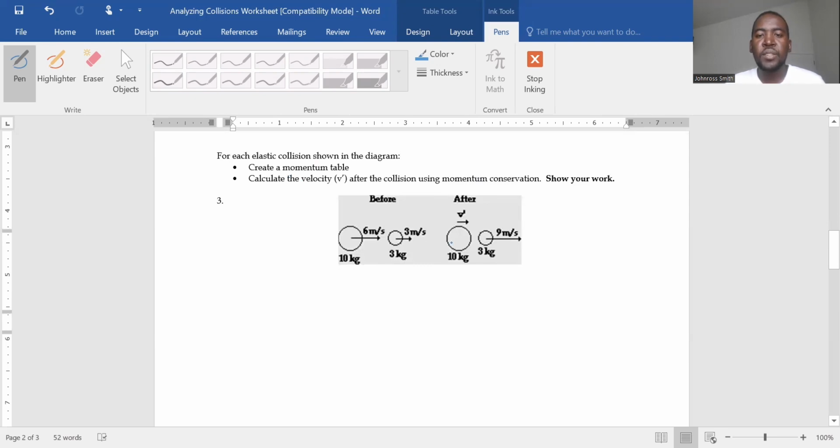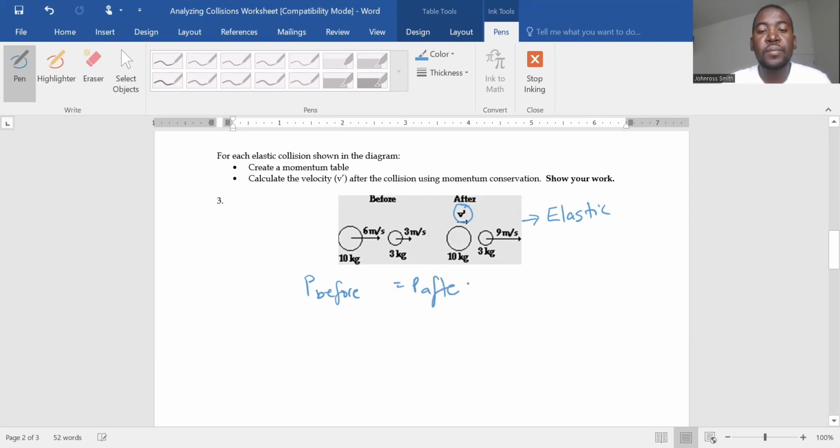What we're going to do is just find the unknown for these questions, which is the velocity of this object here. Based on this situation, we know this is an elastic collision, and that's because they are separate in motion. So we're going to have that momentum before collision equals momentum after collision.